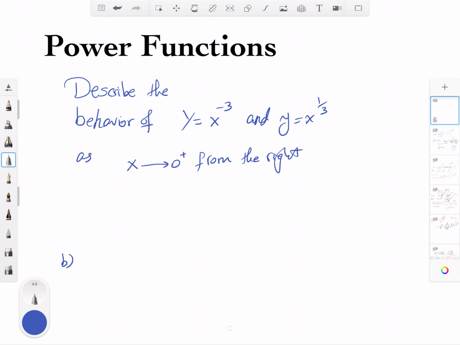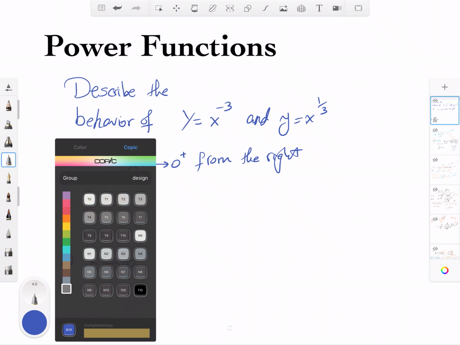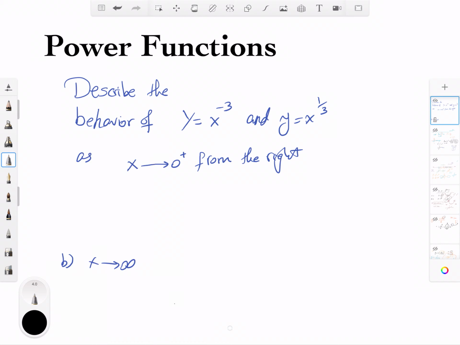And part B, they're asking us x approaches infinity. So in order to answer this, we need to graph both of them.